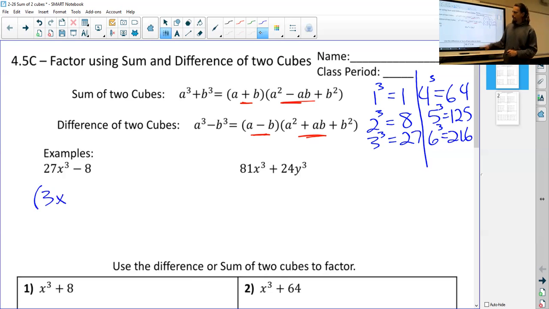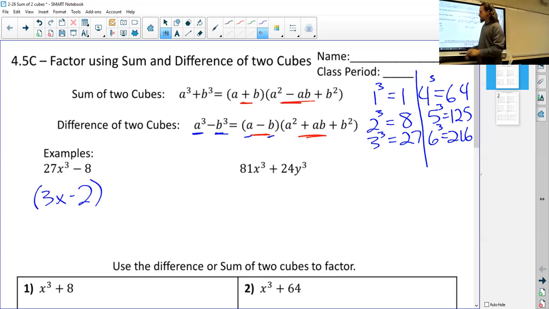And then minus 8, we saw over here, the cube root of 8 would have to be 2. So all I've done is I took the cube root of both my terms, because we have this difference of cubes. We started with a cubed minus b cubed, so we just take the cube root of both of those to get a and b by itself.